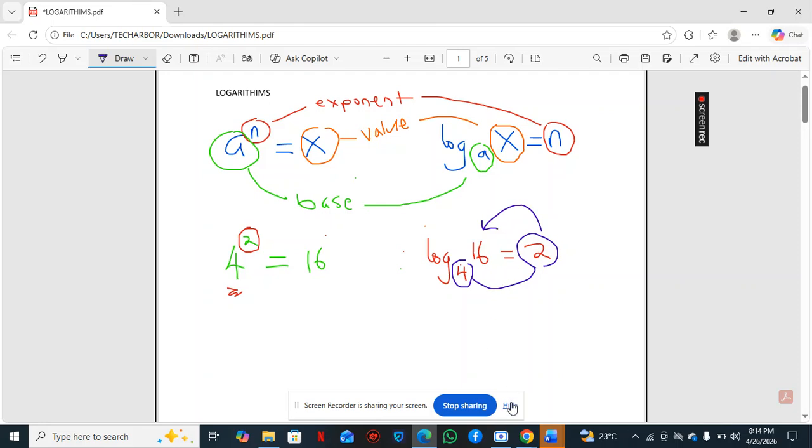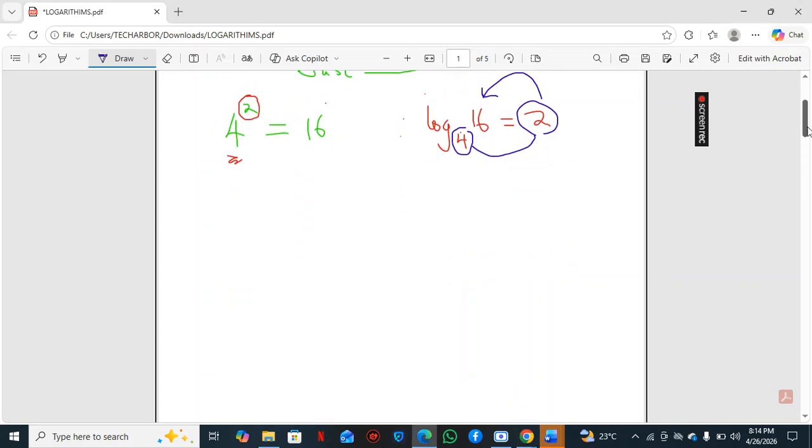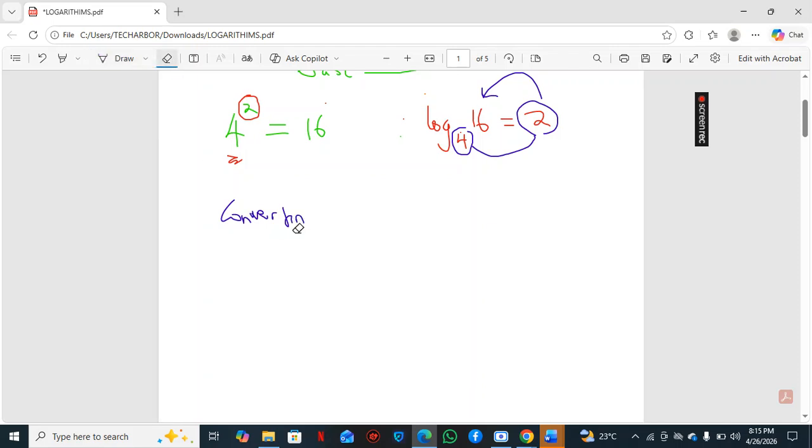Let me show how we can convert indices to logarithms.